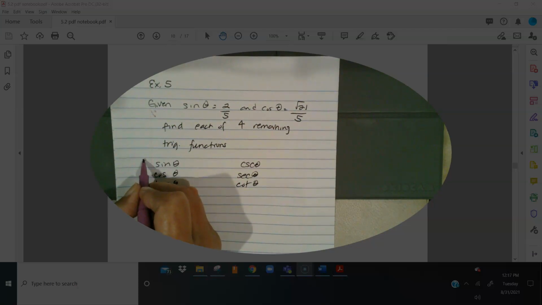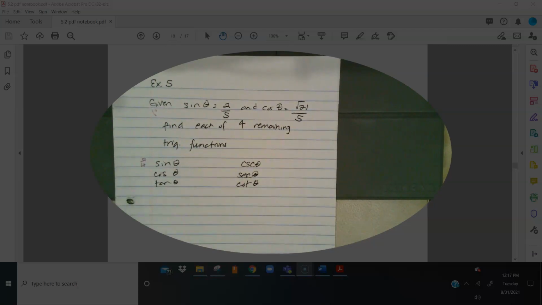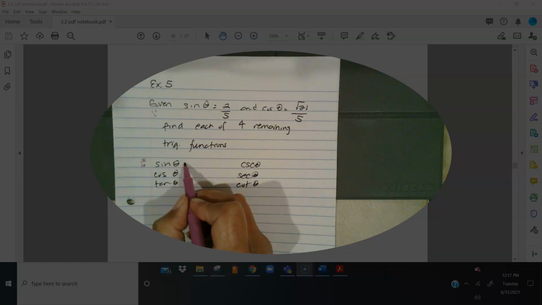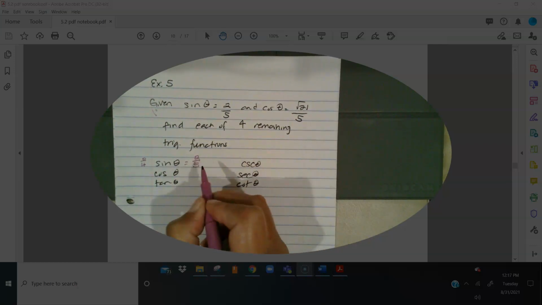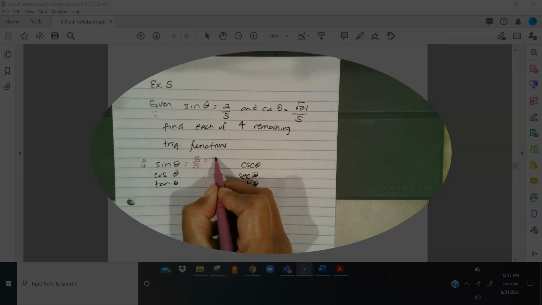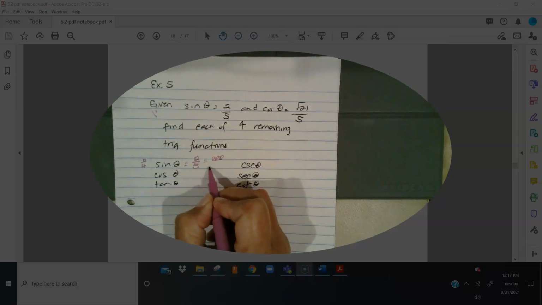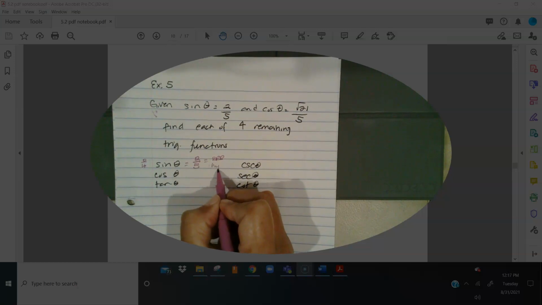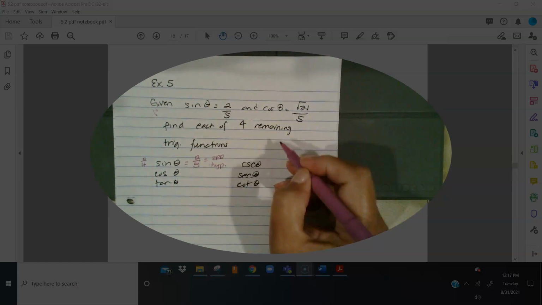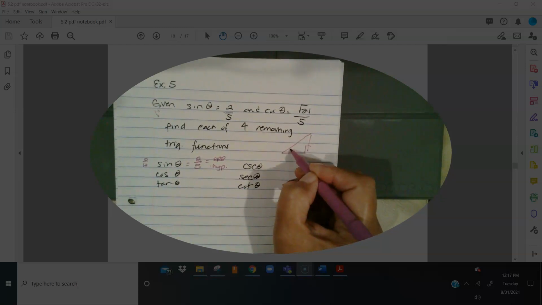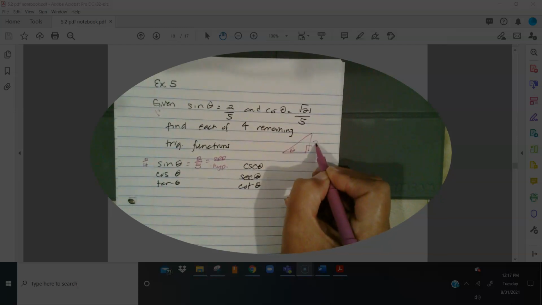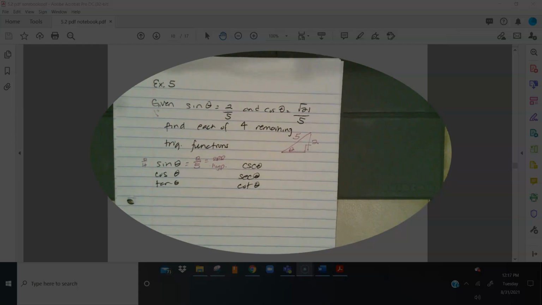Sine is always the opposite over the hypotenuse. Now for this one we're given that the sine ratio is 2/5. That means that the opposite side is 2 and that the hypotenuse is 5. And if you wanted to draw yourself a right triangle, here's theta, the opposite side is 2 and the hypotenuse is 5. We're given that information.